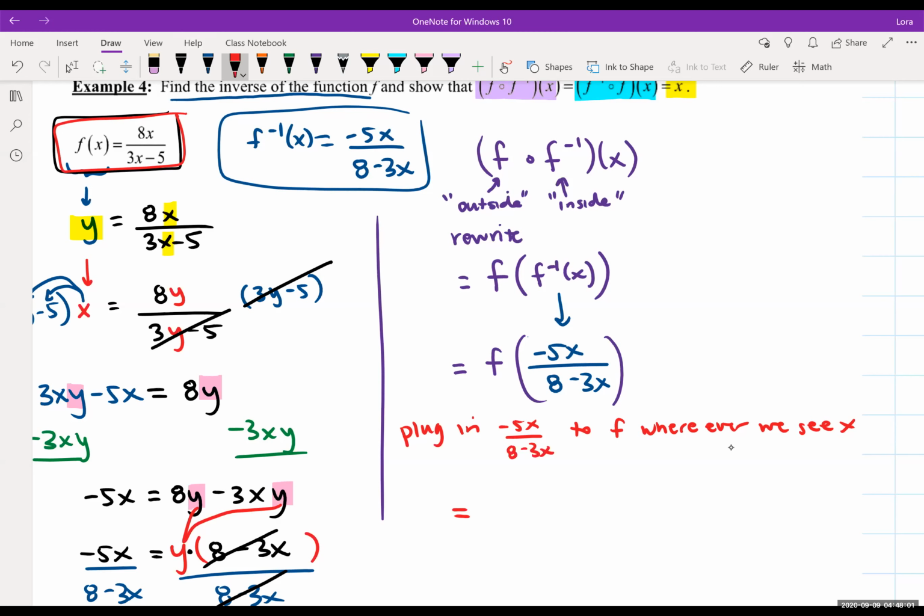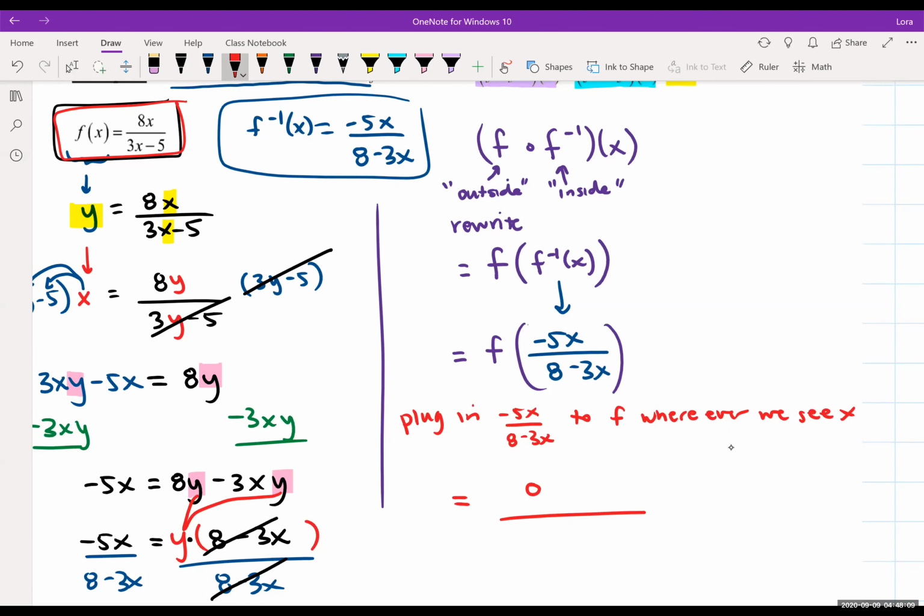So what this looks like, I'm going to take the format of the f of x. So I should have an 8 times x, that's something, over 3 times something minus 5. So that's it. We're looking back at the f of x function, 8x over 3x minus 5.